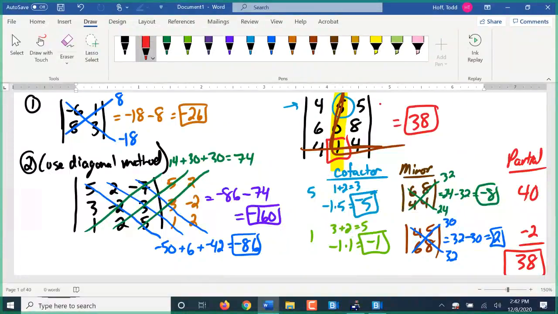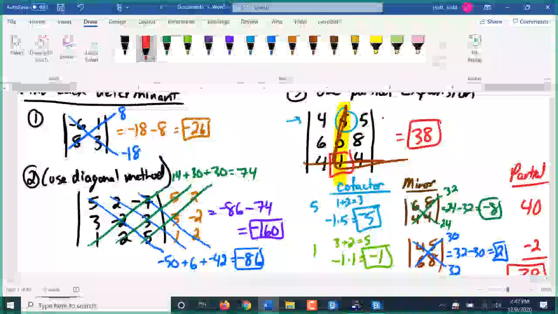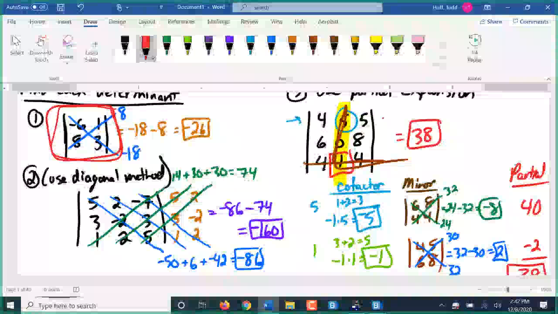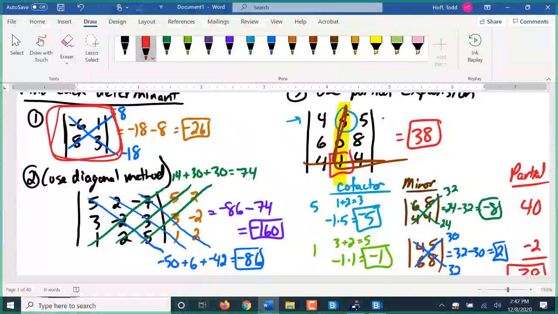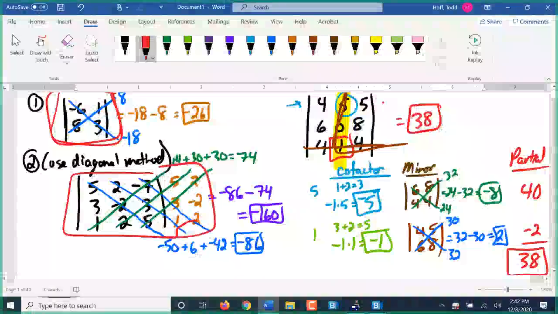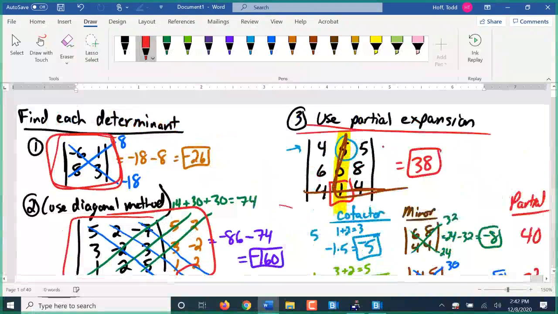Now, as we said yesterday, for the 2 by 2 matrix, this is the only way to find its determinant, is to do that crisscross, down diagonal minus up diagonal. For the 3 by 3 matrix, really doesn't matter. We could use the diagonal method or we could use the partial expansion.